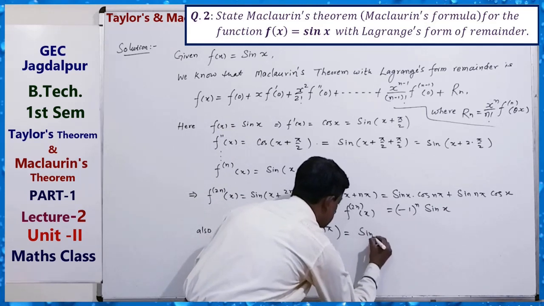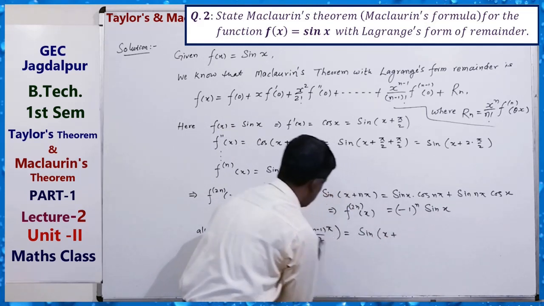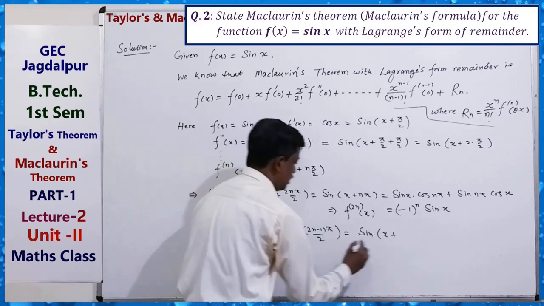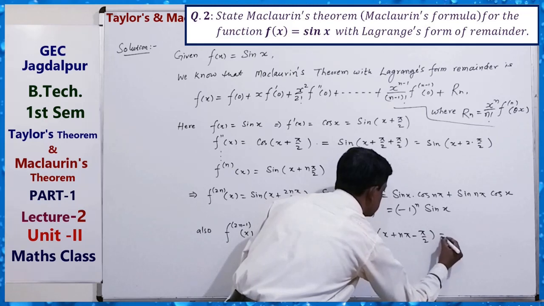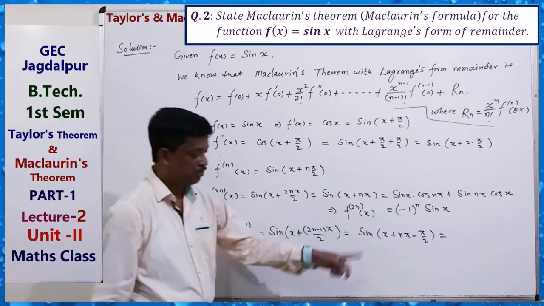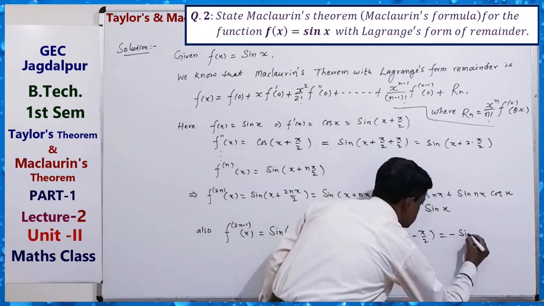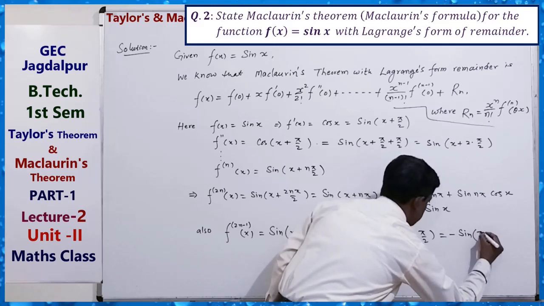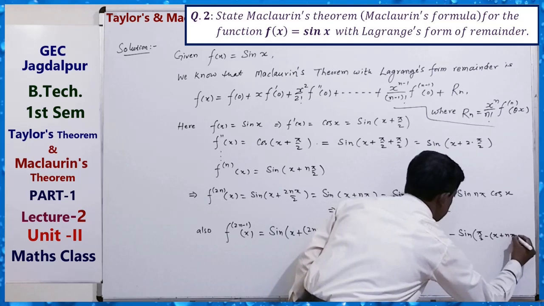Sin x plus 2n pi minus pi by 2, which we can also write as minus sin pi by 2 minus x plus n pi.